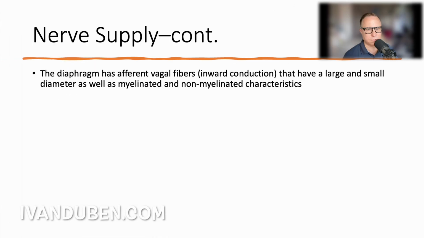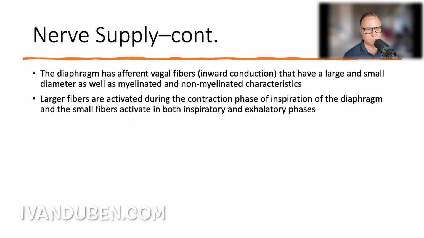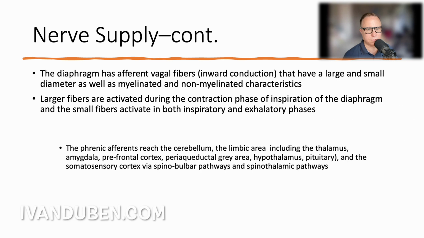The diaphragm has afferent vagal fibers that have a large and small diameter, as well as myelinated and non-myelinated characteristics. Large fibers are activated during the contraction phase of inspiration of the diaphragm, and the small fibers activate in both inspiratory and exhalatory phases.